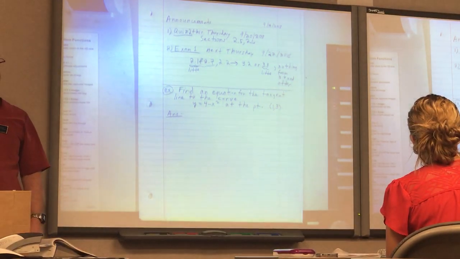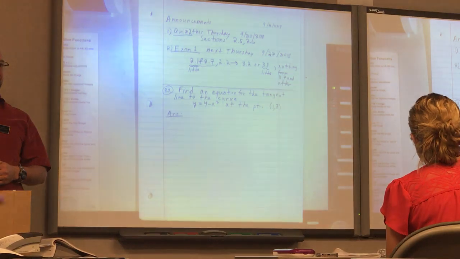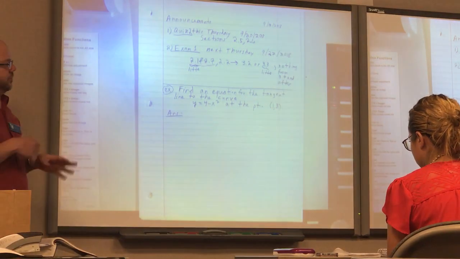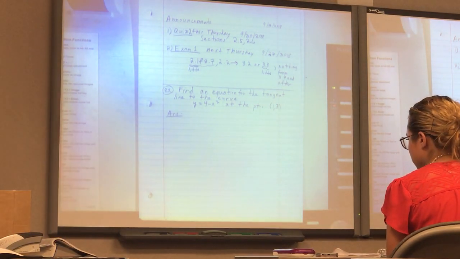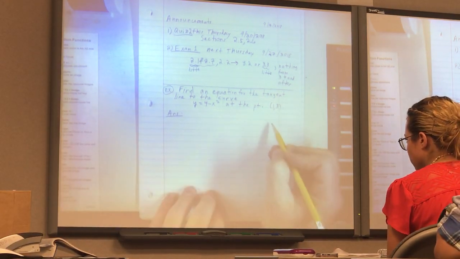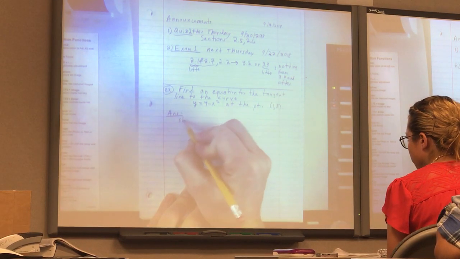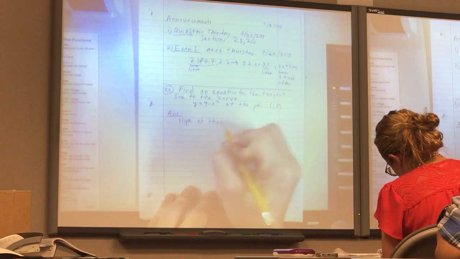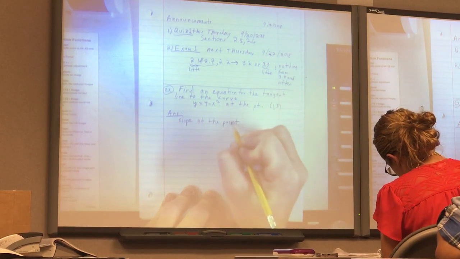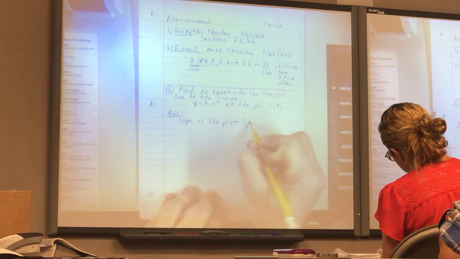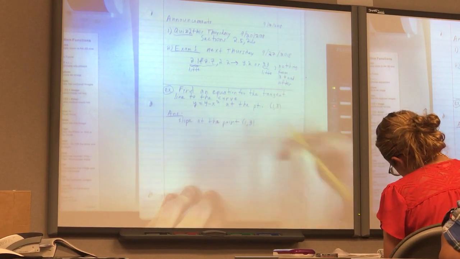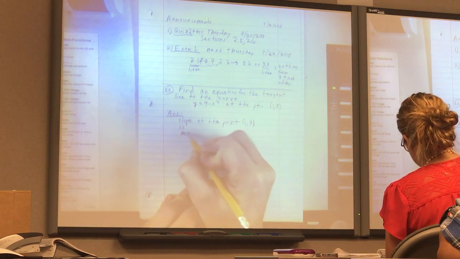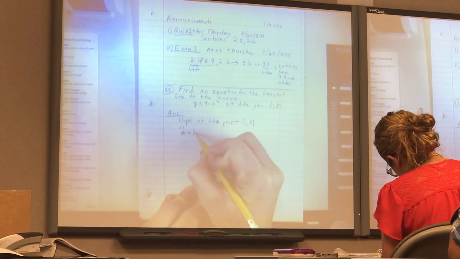Now remember that we said that the slope is the instantaneous rate of change, and we also call it the derivative. We gave you the definition. I'll put here in words: slope at the point 1, 3 is m, which is going to be the derivative.